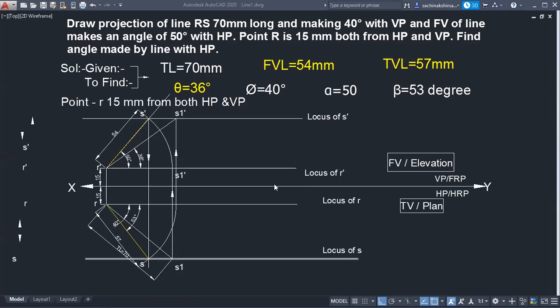What should be the logic, which is greater and which is smaller? True length is always greater. Apparent length, FVL and TVL, is always smaller, or equal in some cases, but it will not become larger than true length. Remember this simple logic in these problems.